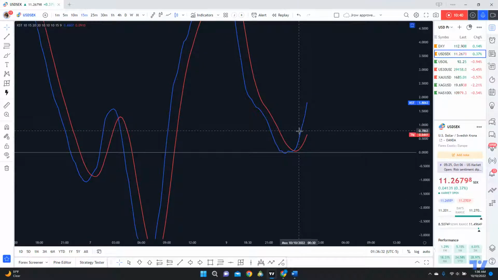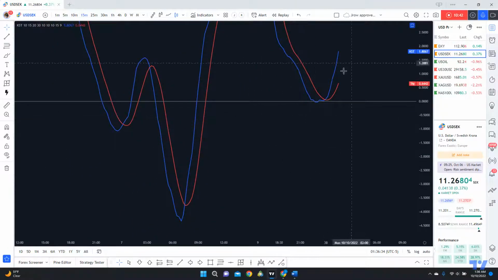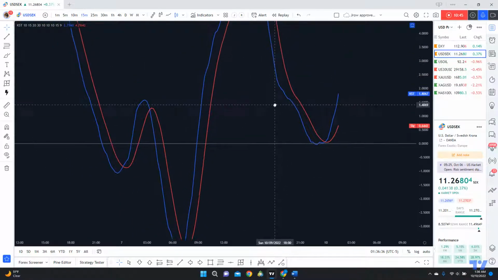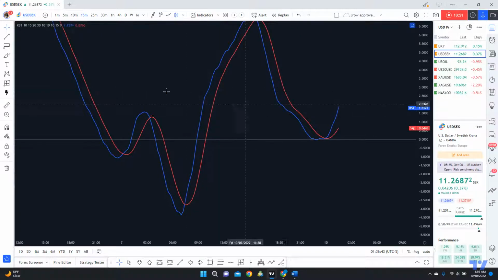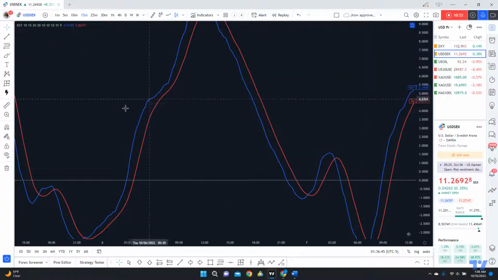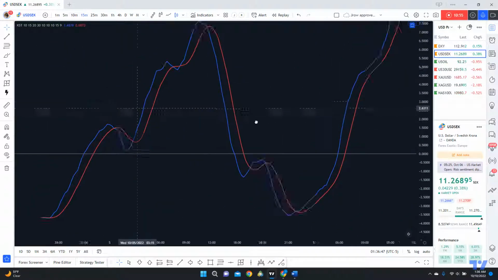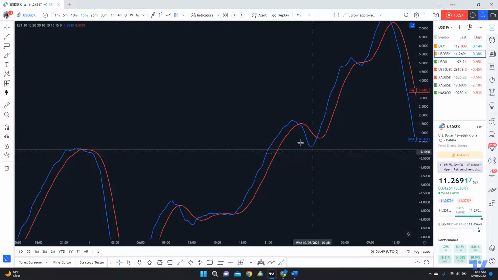But also, they have to be in confluence with each other. So if I'm taking a long or a buy, this is what I'm looking for, or this type of structure, as it went over the baseline.